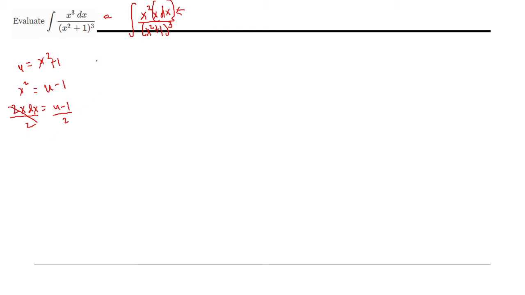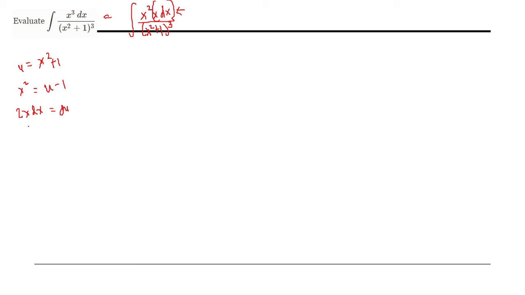So if we rewrite this equation, x dx is again 1 half times u minus 1. Sorry, to differentiate this one, that's 2x dx. Okay, so again, to differentiate this one, we have 2x dx is equal to du.